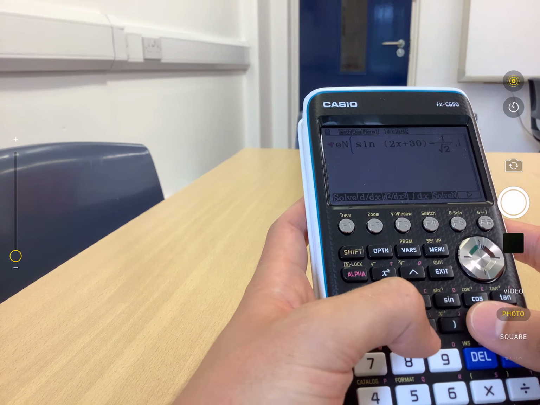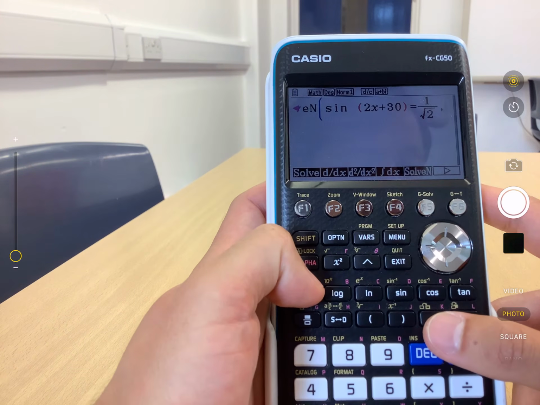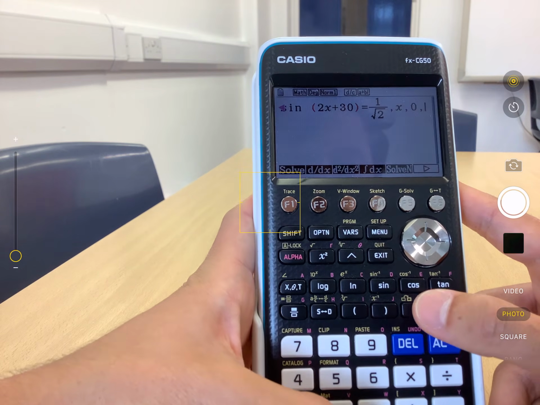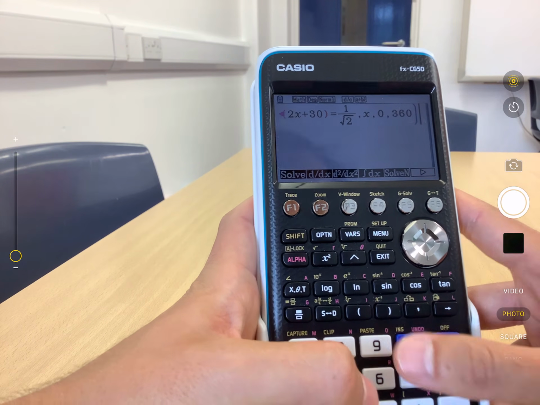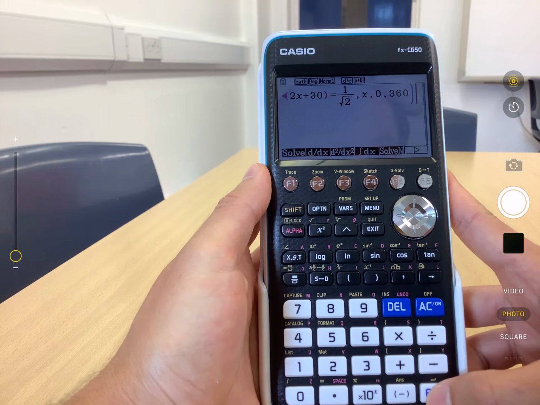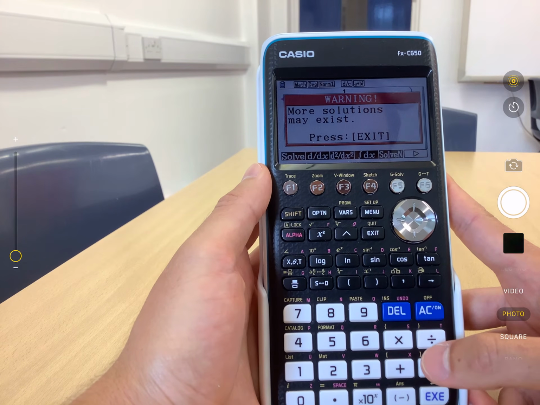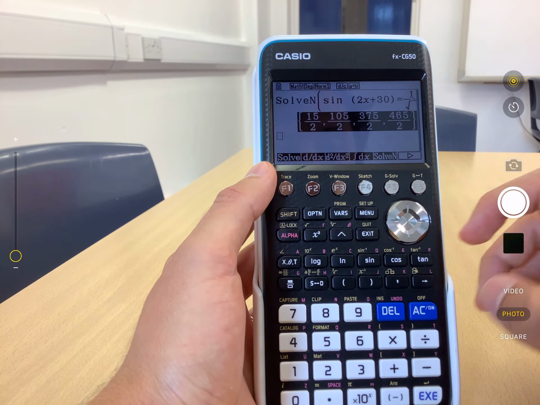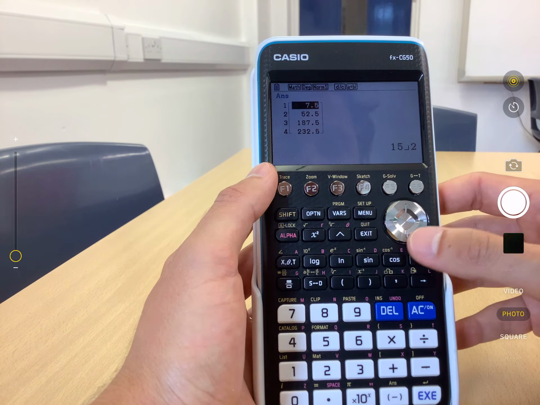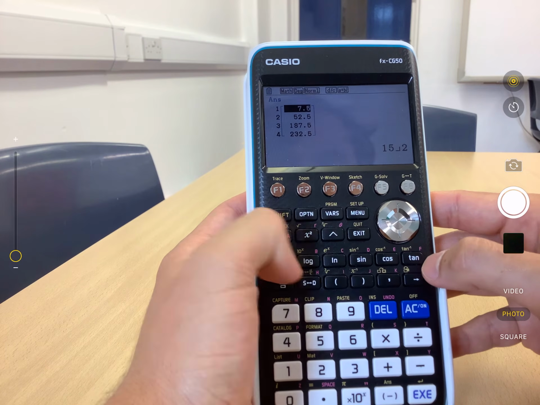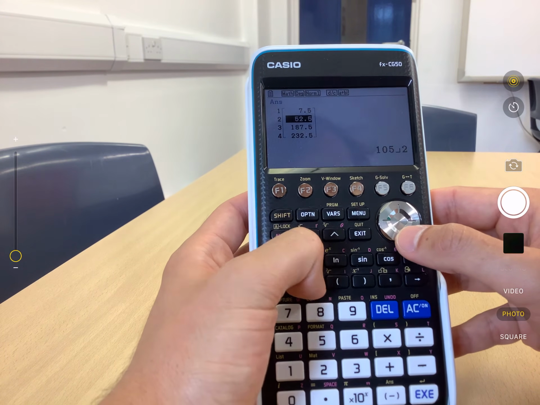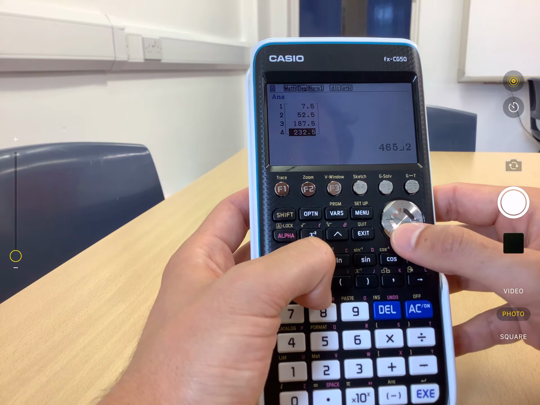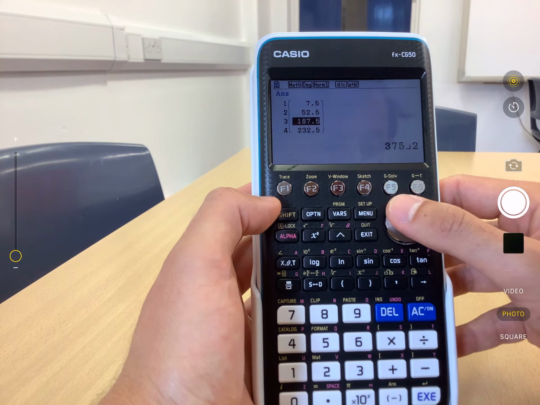And I'm going to put my range in, so I'll do comma, x, comma, 0, comma, 360, close brackets, and then just press execute. It's going to say there's a few solutions there. And so they've got these written in fractional form, but I'm going to press execute here so I can see them as a list. So we've got 7.5, 52.5, 187.5, and 232.5.